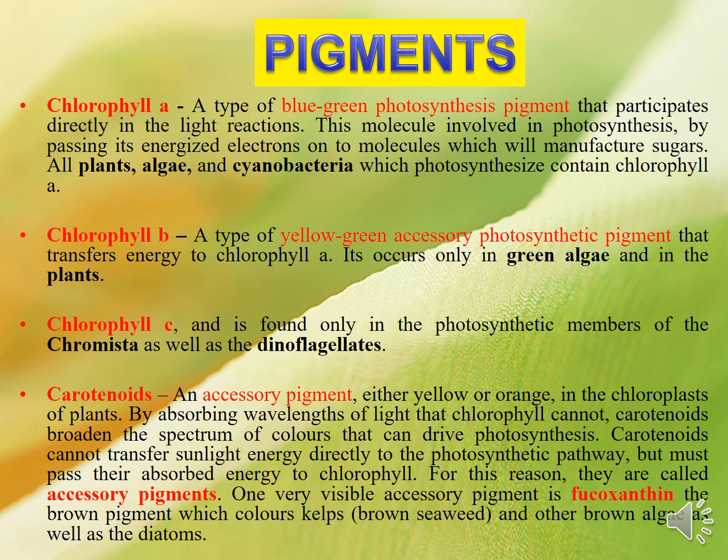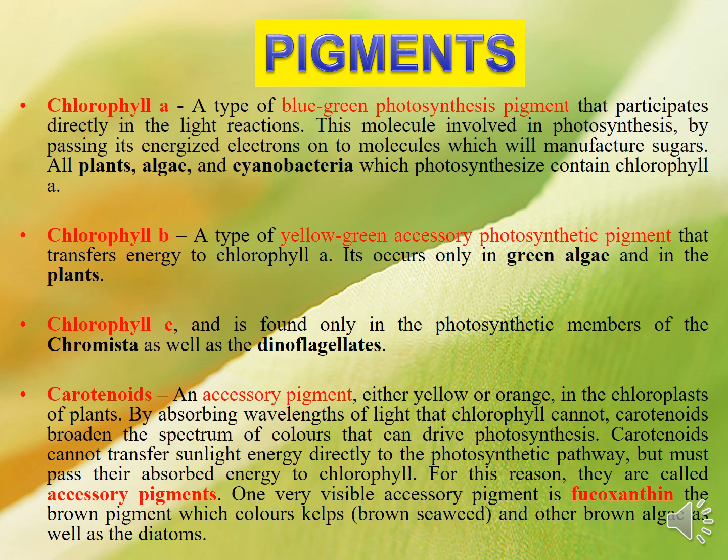If you look here, for chlorophyll A, when you extract the leaf and the color is blue green, that is chlorophyll A. If the color is yellow green, that is chlorophyll B. For chlorophyll C, the color looks like chlorophyll A, which is also blue green.